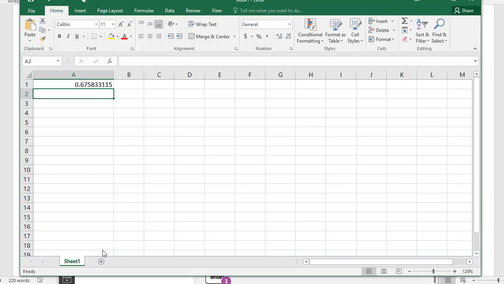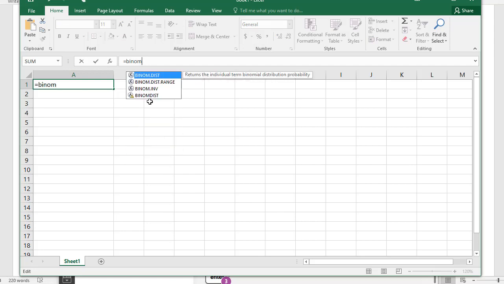Now if we do Excel, it's going to be the exact same process. I'm going to click a cell, go into the formula bar, type binomial, and choose the bottom option. Let me come back up here. I'm going to do 1 minus this binomial probability.